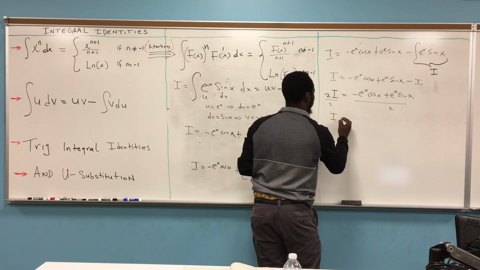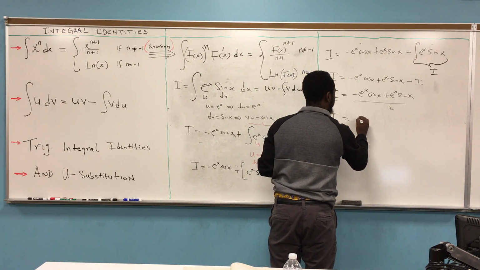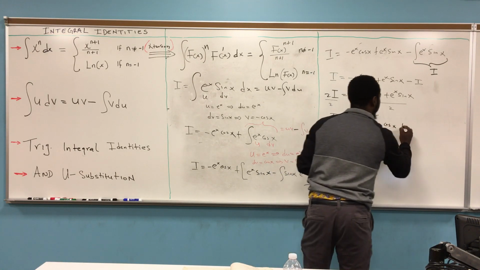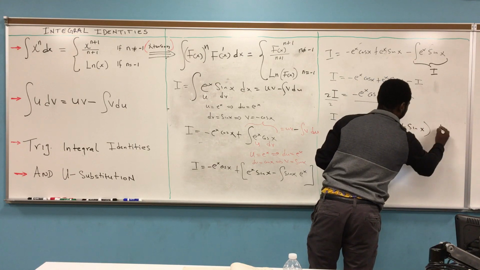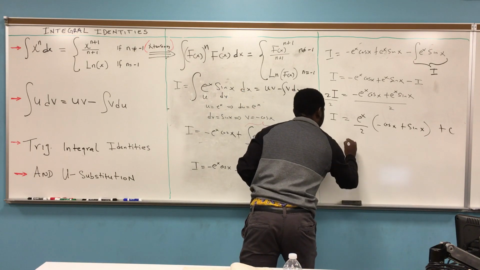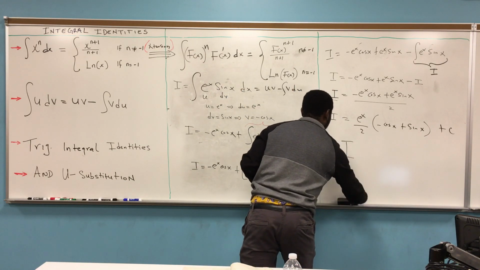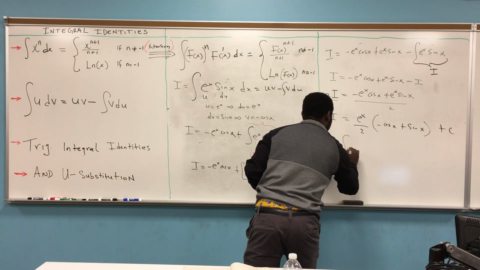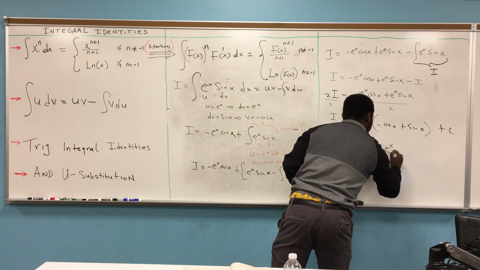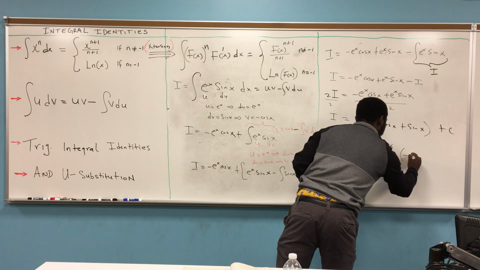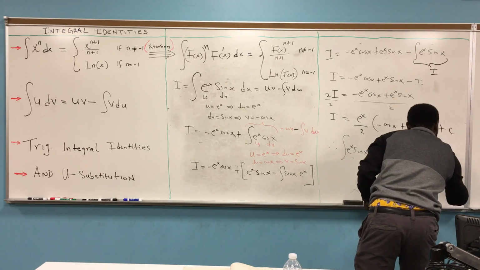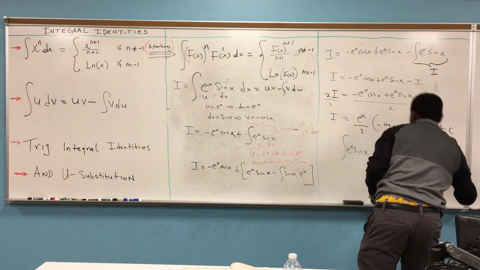So I is equal to, I can factor e to the x out over 2 minus cosine x plus sine x. And I can add a constant of integration. Therefore, my integral e to the x sine x is e to the x over 2 negative cosine x plus sine x plus c.